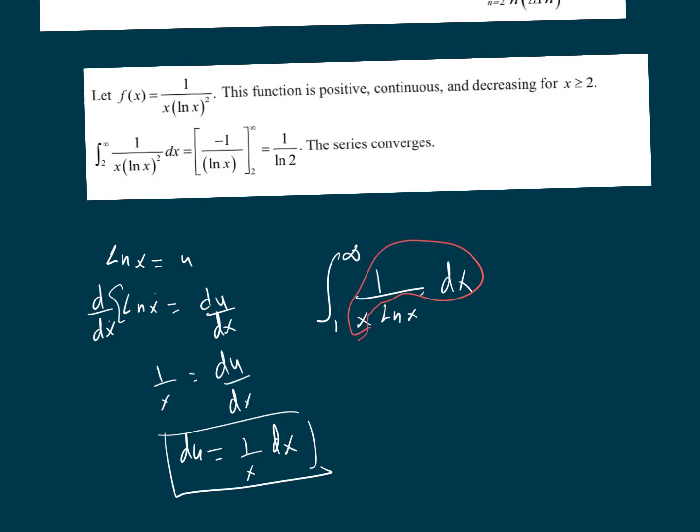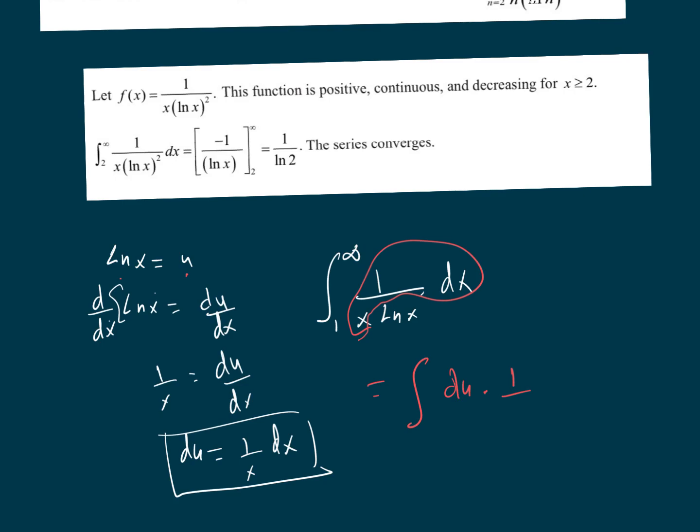So this integral will be the integral of du multiplied by 1 divided by u squared, because natural log of x is u.